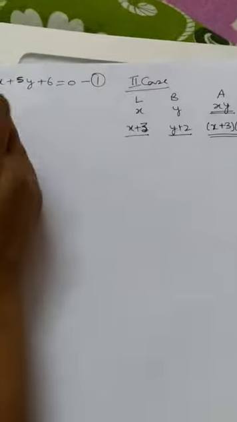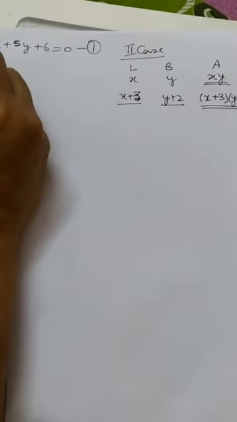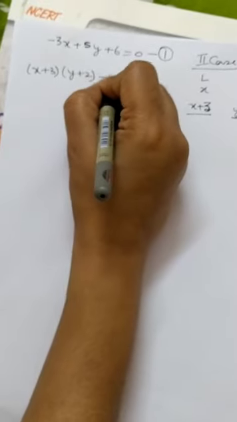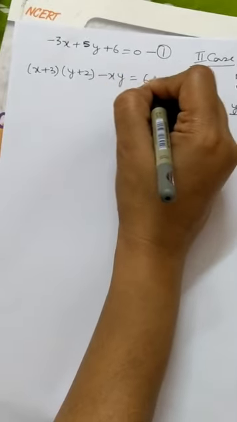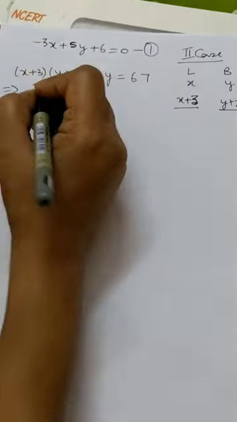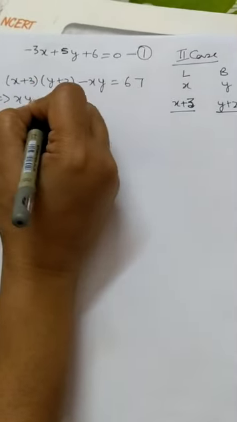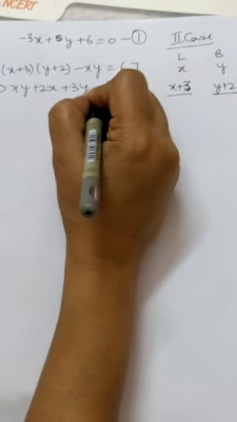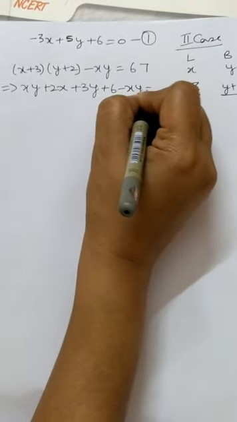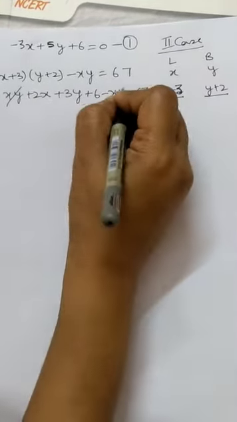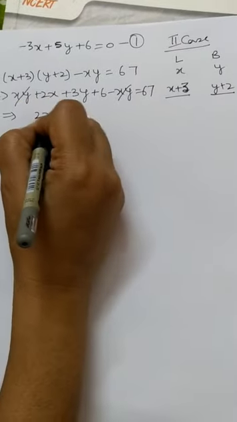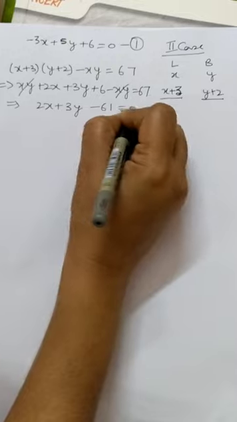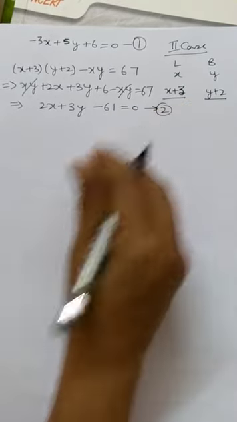So the equation formed is as shown. If we solve it further, we obtain 2x plus 3y minus 61 equal to 0 as the second equation.